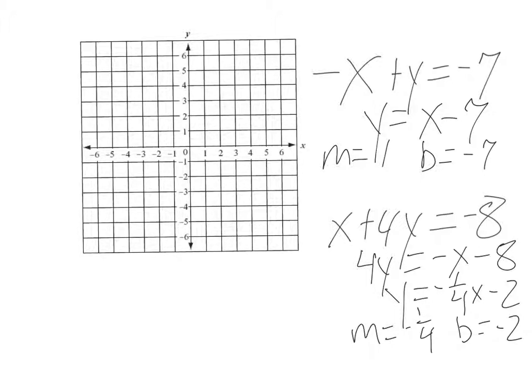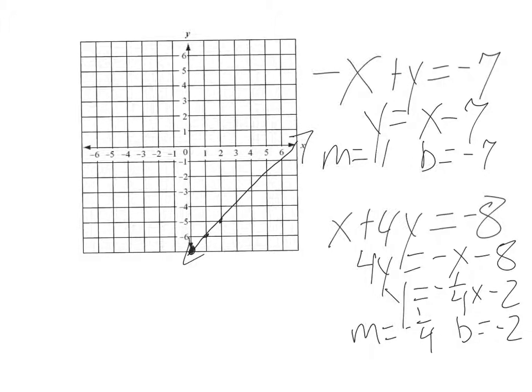So we're going to take our first equation again, where we had a slope of 1 and a y-intercept of negative 7. So we go down to negative 7. Rise 1, run 1. Rise 1, run 1. Okay, so we're just kind of going along this line here. Okay, so there's our first line.